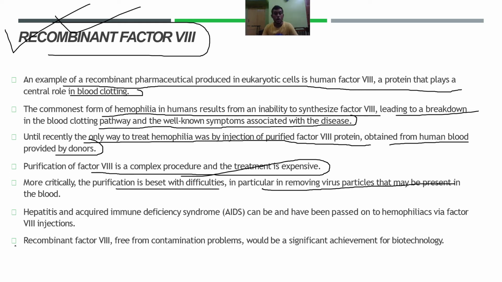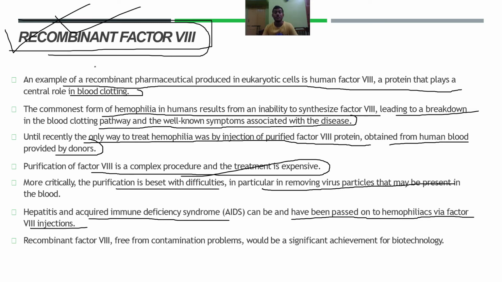Also, hepatitis and acquired immune deficiency syndrome, or AIDS, have been passed on to hemophiliacs via factor 8 injections, due to the presence of contaminants. So factor 8 free from contaminant problems would be a significant achievement for biotechnology.